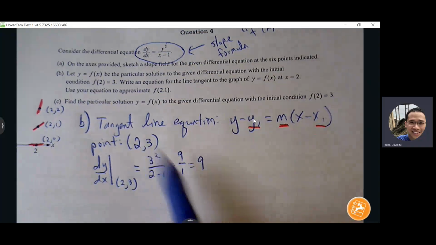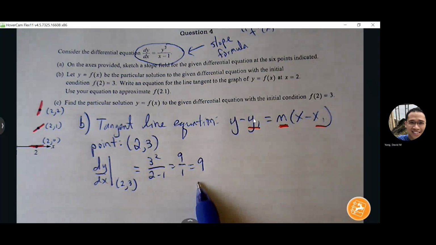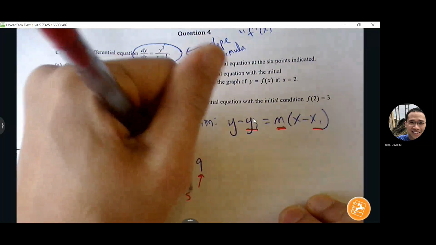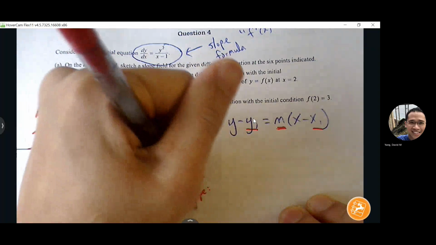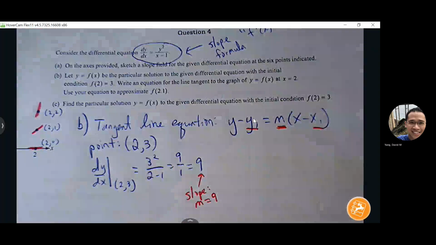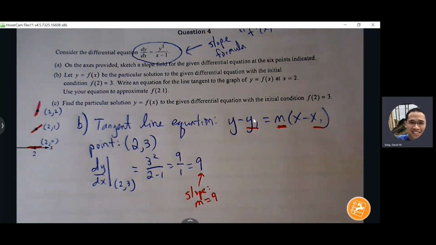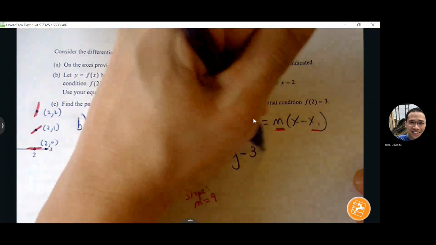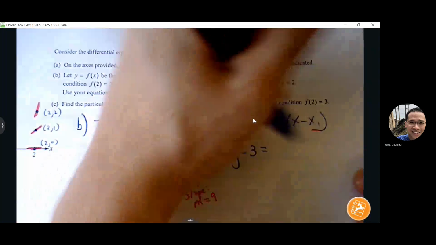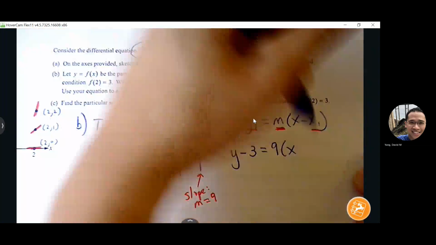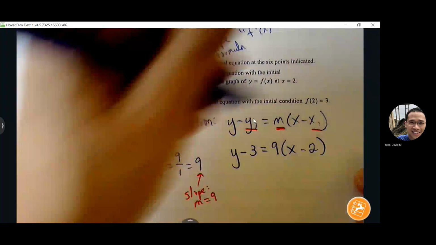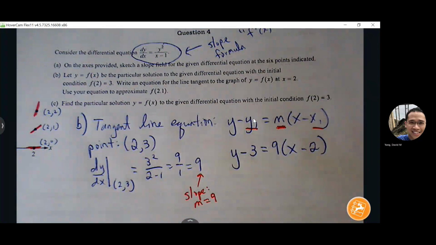We have our point, we have our slope. What's point-slope form? Any questions up to this point?